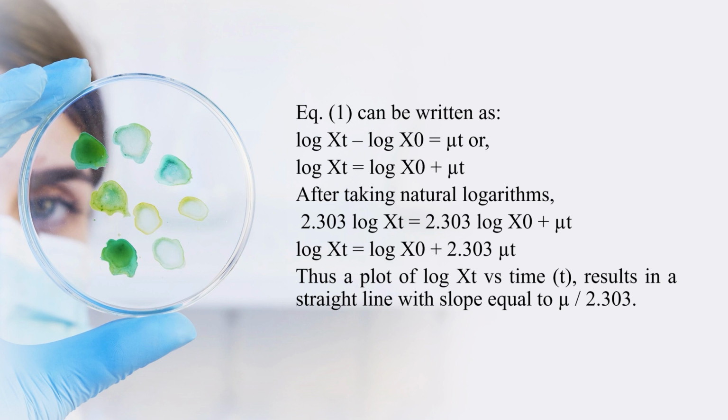Thus, if we plot log of xt on the y-axis versus time on the x-axis, it results in a straight line with a slope equal to mu by 2.303. What does it mean?